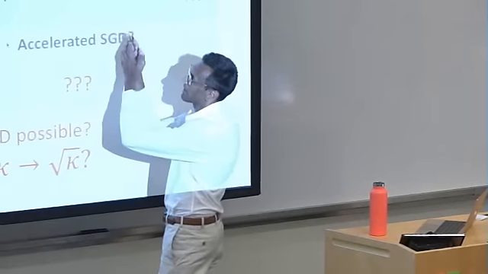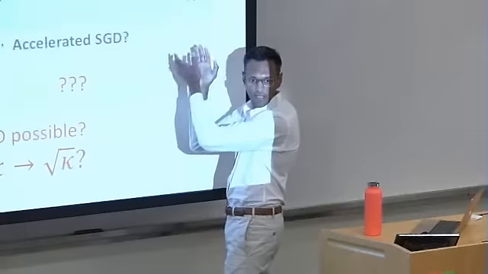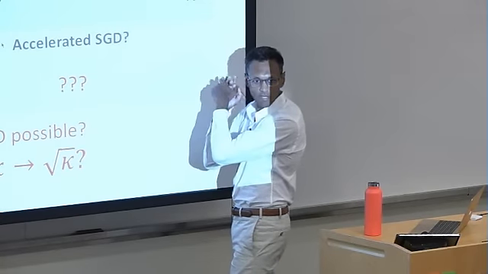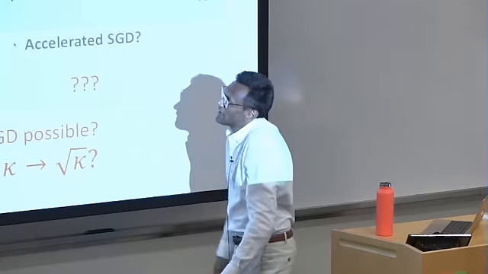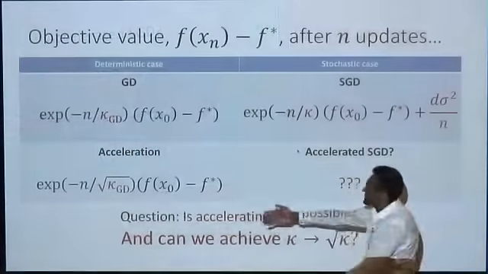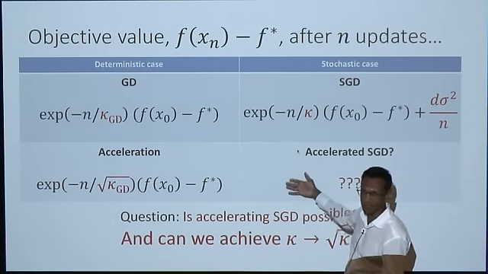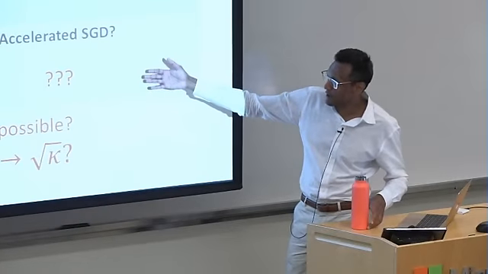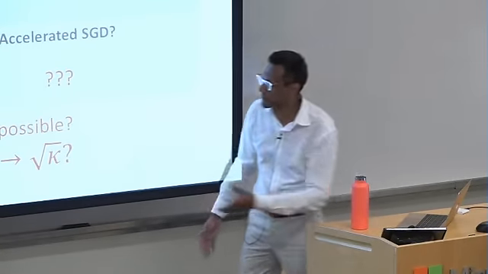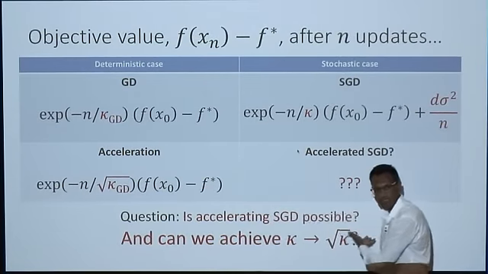I don't want to improve the bias at the cost of sacrificing variance. I really want to make this as small as possible. The naive conjecture, looking at this table, is to just replace kappa with root kappa. That's what you expect with these fast gradient methods. So the question now is, can we accelerate stochastic gradient descent?